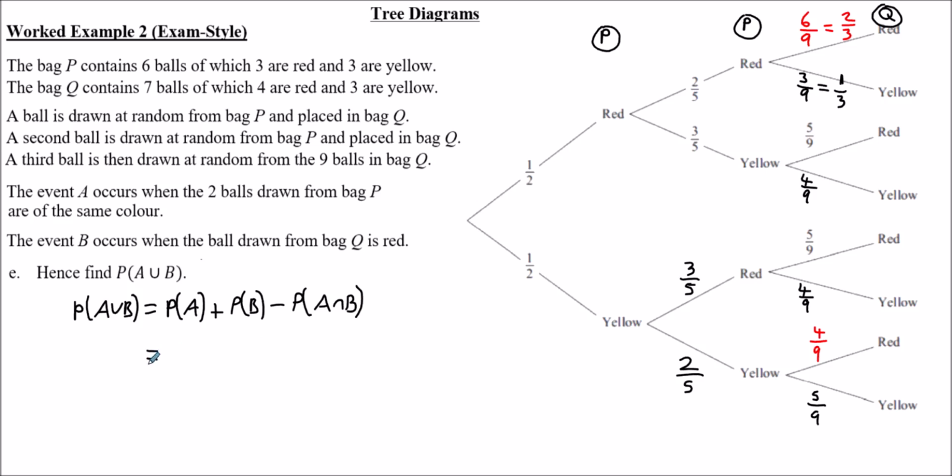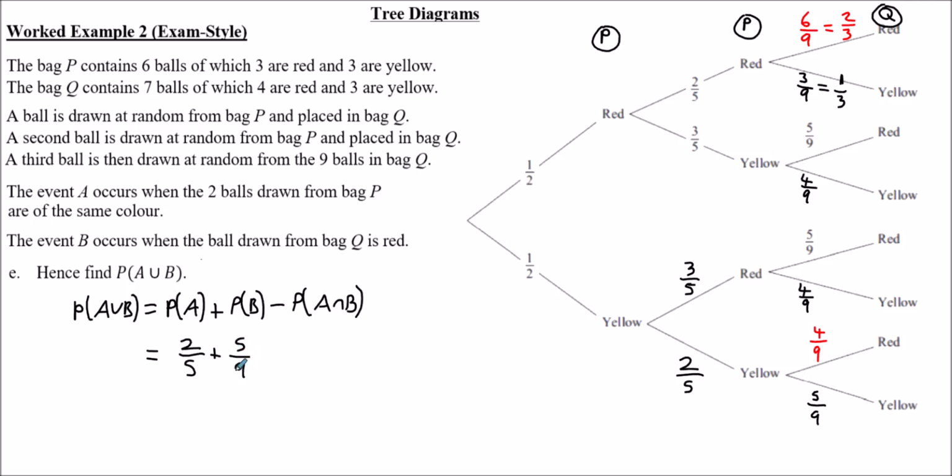So from part B, we worked out that the probability of A was 2/5. We also worked out from part C that the probability of event B happening was 5/9, so that's 2/5 plus 5/9.